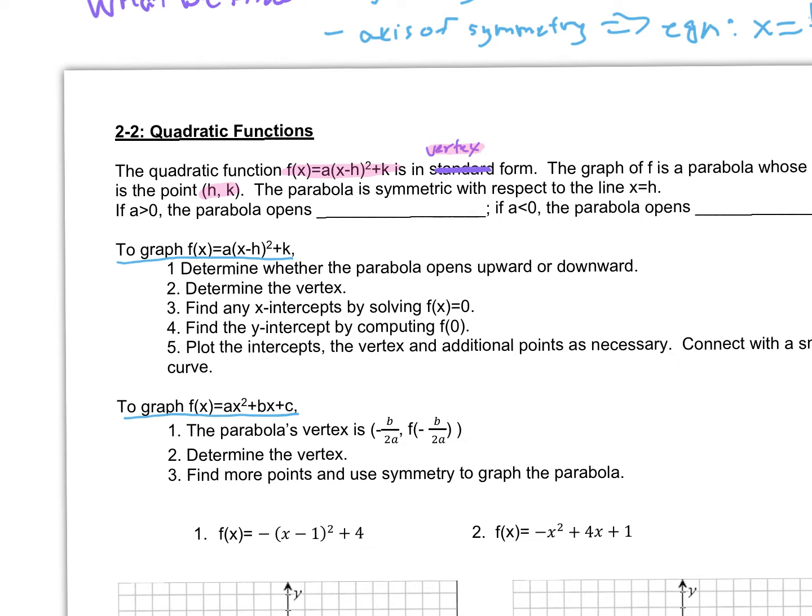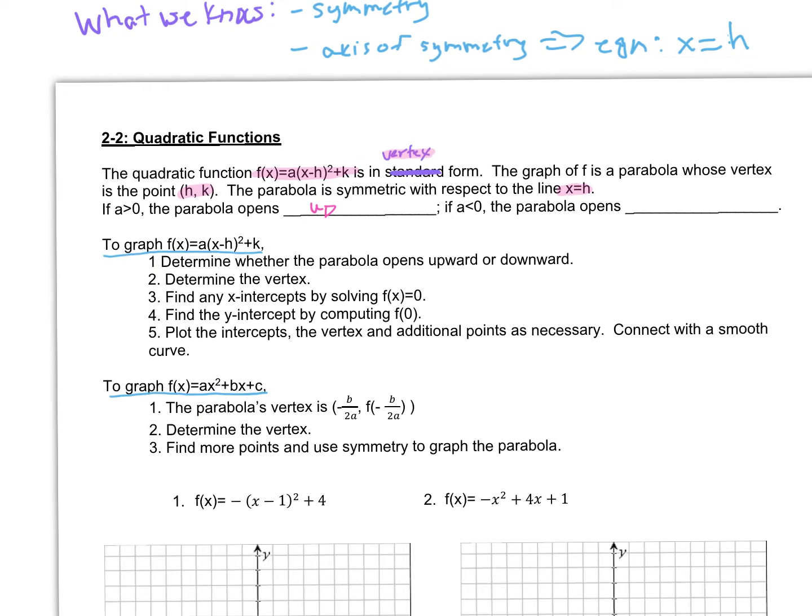And we know, as I mentioned up there, that this parabola is symmetric with respect to the line x equals h. And then also we know that if the A value out front is positive, then the parabola opens up. And if the A value is less than 0, that means it's negative, that means that the parabola opens down.